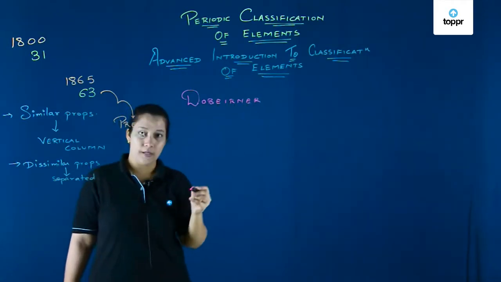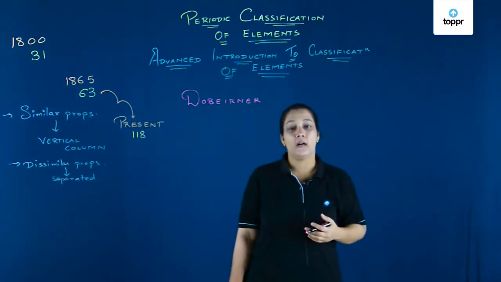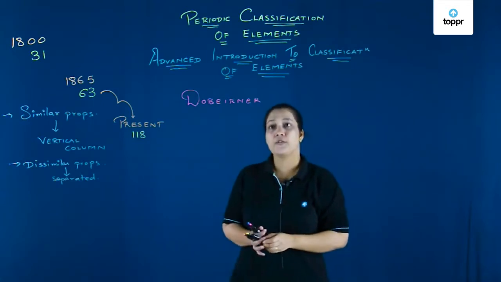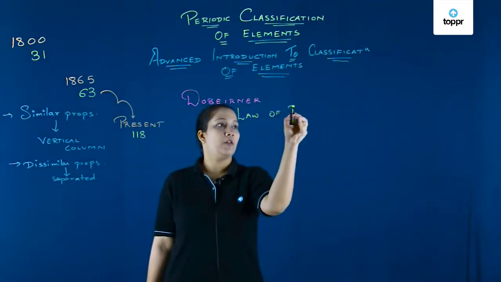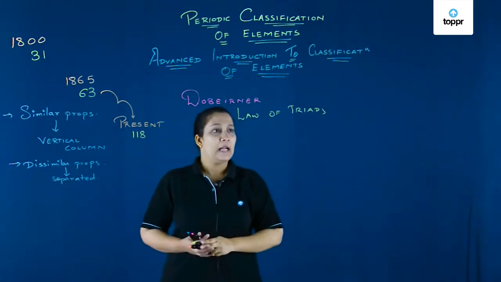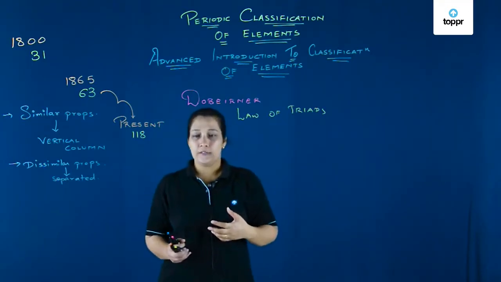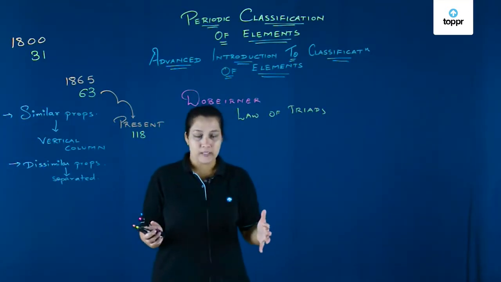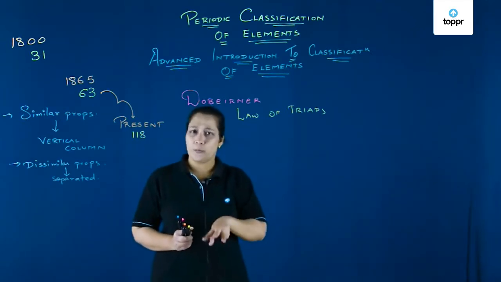Sir Döbereiner had given a particular law which is known as the law of triads. Triads means a group of 3. This law said that if I group these elements in such a way that it makes a group of 3.